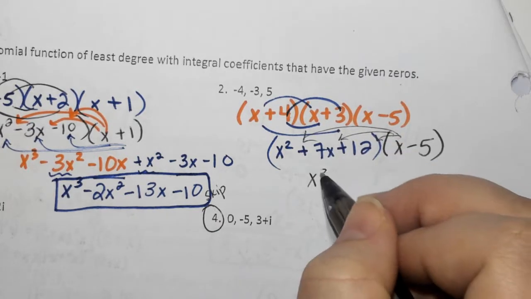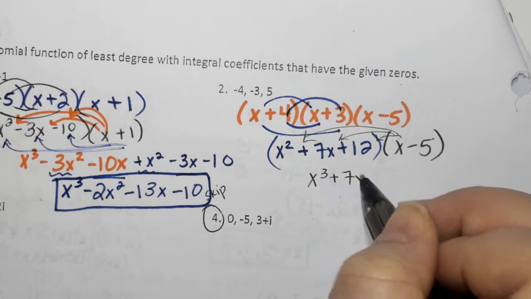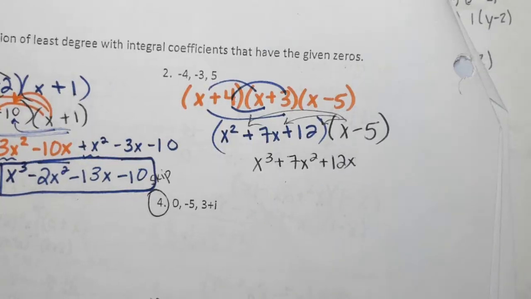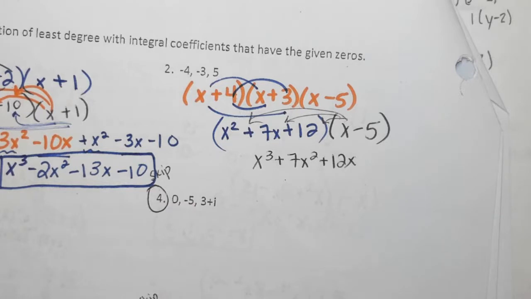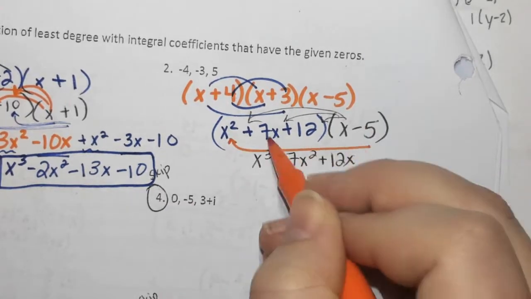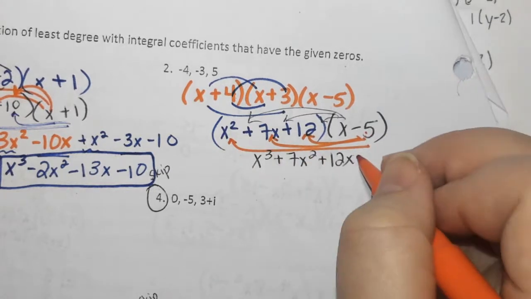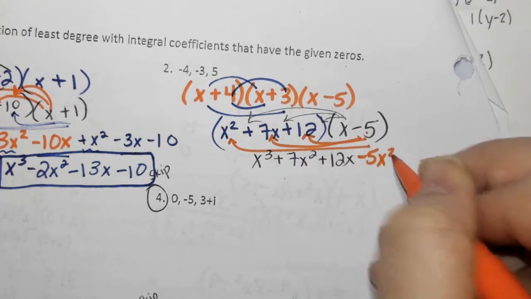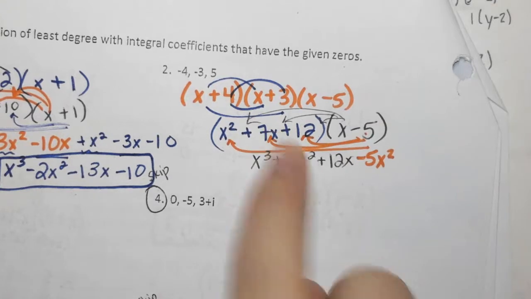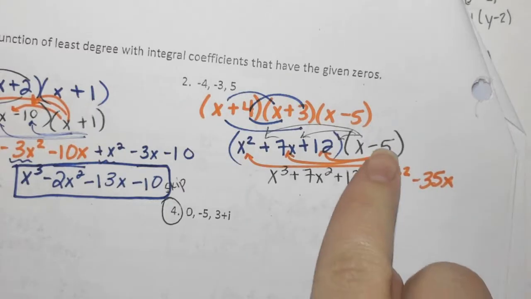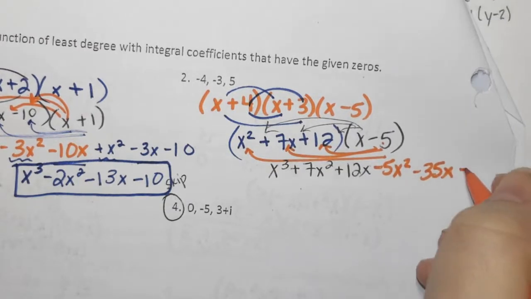So x to the third plus 7x squared plus 12x. I've got to give my minus 5 to everybody. Minus 5 times x squared is negative 5x squared. Minus 5 times 7x is negative 35x. Minus 5 and 12 is negative 60.